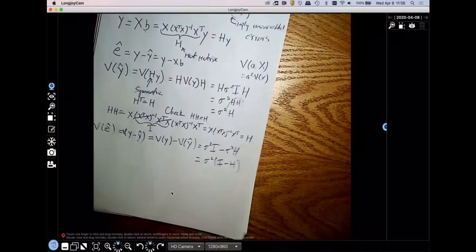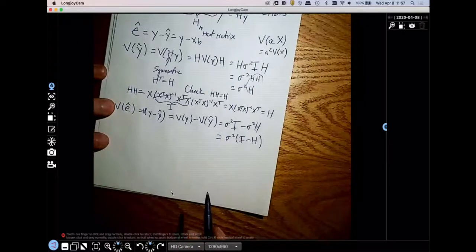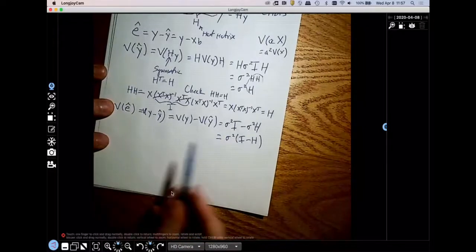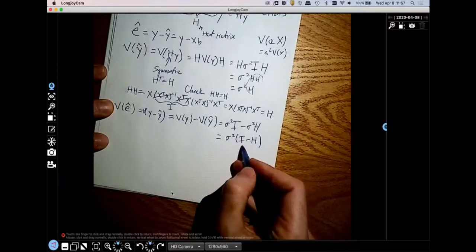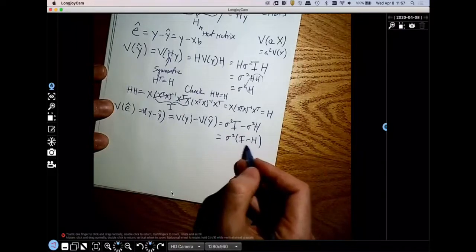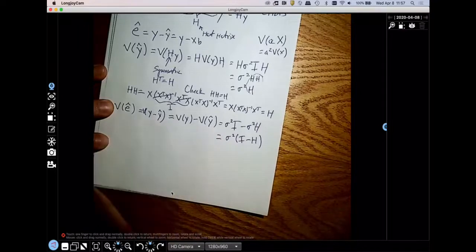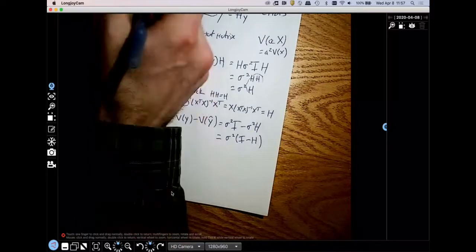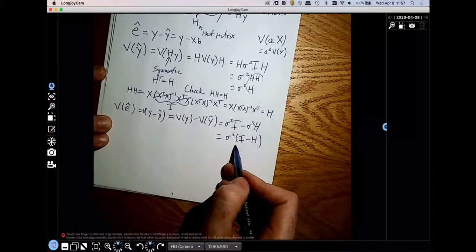Now, this is really important. Unless this thing is a bunch of constants, my e hats will not have constant variance. So even if my original e's have constant variance, my estimated residuals will not.